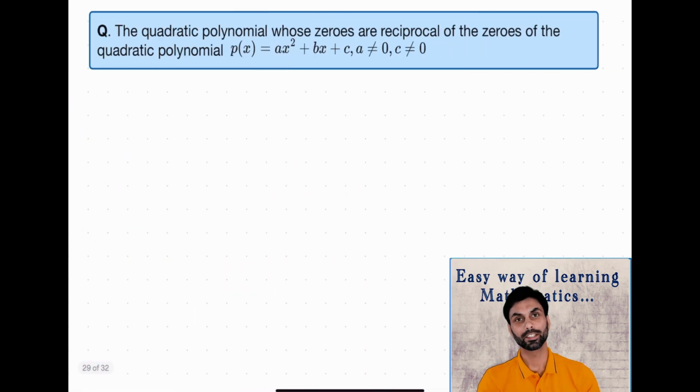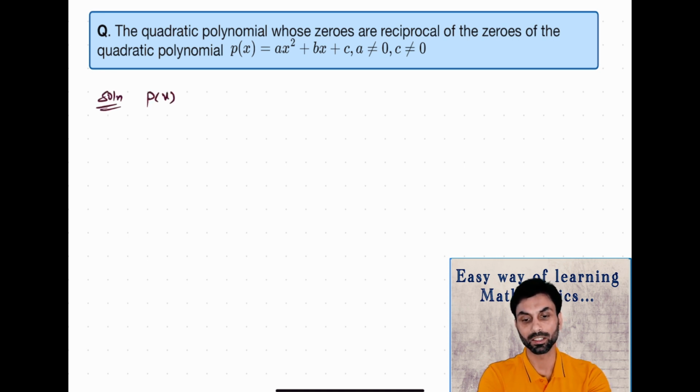The next question is: find the quadratic polynomial whose zeros are the reciprocals of the zeros of the quadratic polynomial p(x) equals ax square plus bx plus c, where a is not equal to 0 and c is also not equal to 0. So again start with the given polynomial p(x) equals ax square plus bx plus c.